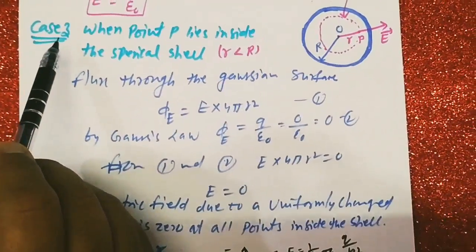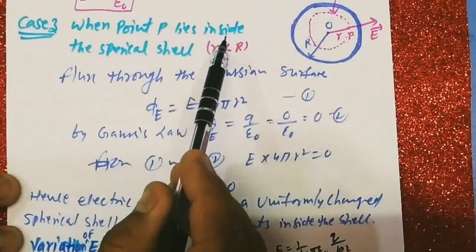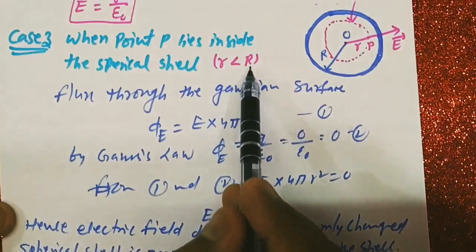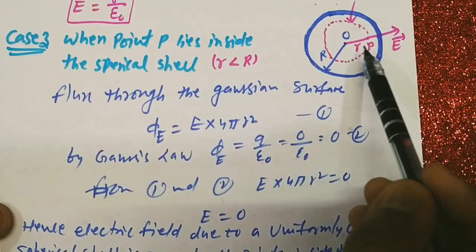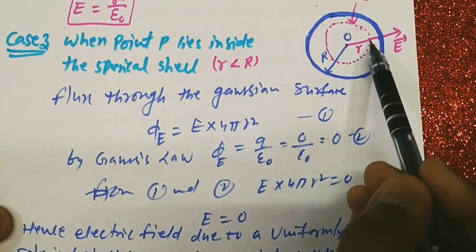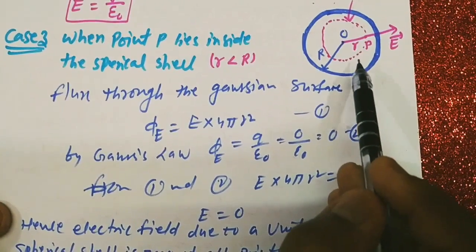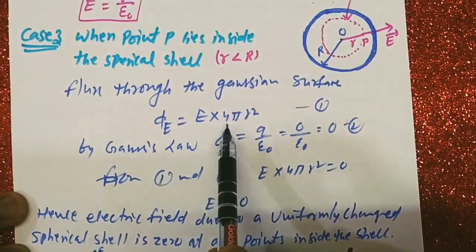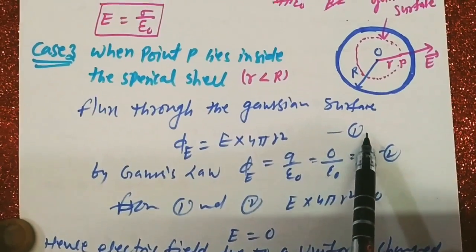Next, case number 3, when point P lies inside the spherical shell. This small r is less than capital R. In this condition, point P lies inside the spherical shell. Flux through the Gaussian surface phi equal to E into 4 pi r square is equation number 1.